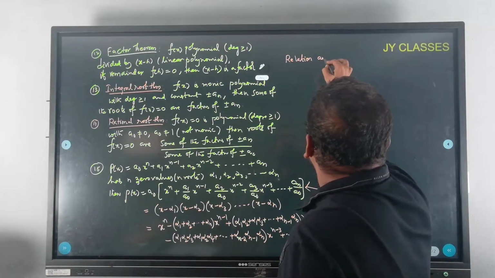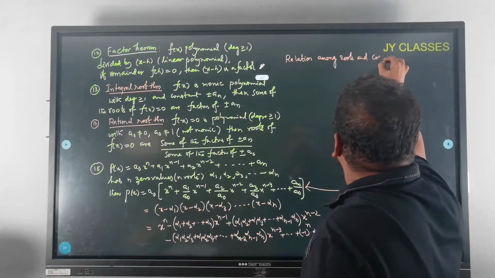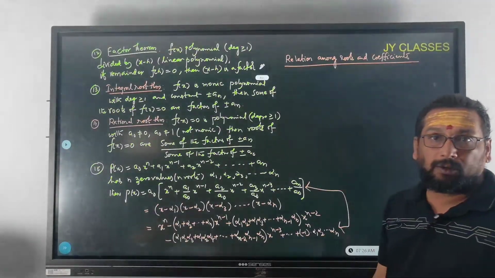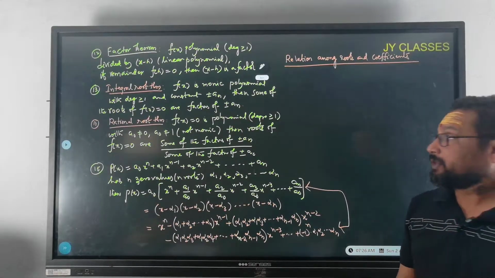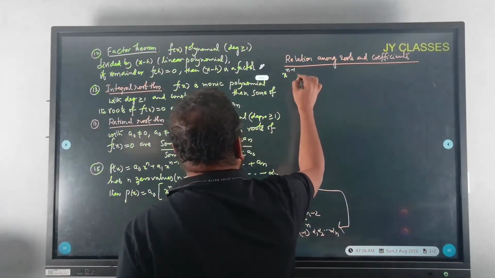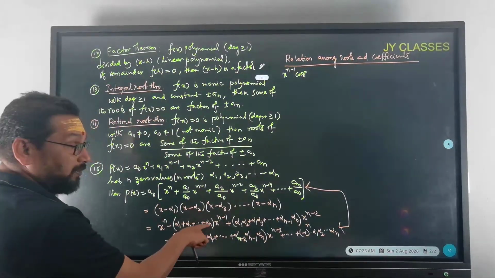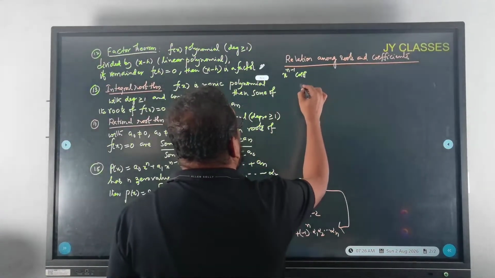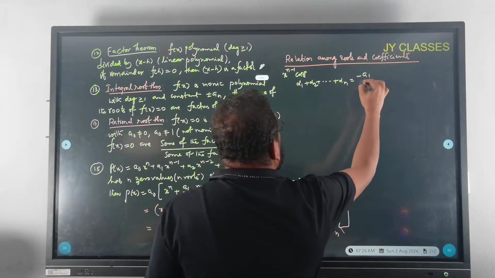Relation among roots and coefficients. మీరు జాగ్రత్తగా అబ్జర్వ్ చేయండి. ఇక్కడ x power n minus 1 కోఎఫిషియంట్ ఏంటి? మైనస్ ఆఫ్ ఆల్ఫా 1 ప్లస్ ఆల్ఫా 2 ప్లస్ ఆల్ఫా 3 అండ్ సో ఆన్ ఆల్ఫా n. ఇక్కడ ఏముంది? a1 by a naught. కాబట్టి alpha 1 plus alpha 2 plus so on plus alpha n is equal to minus a1 by a naught.